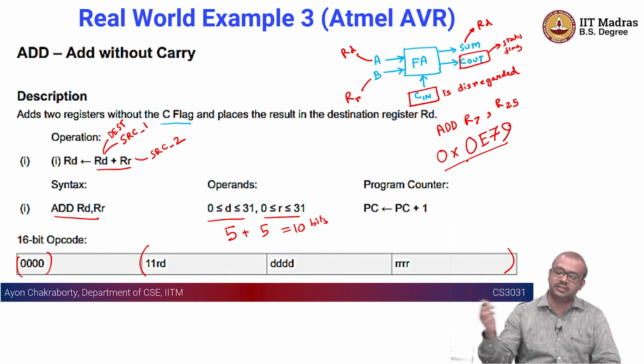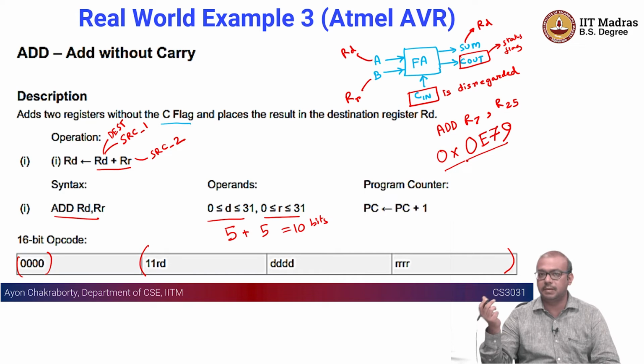It will fetch this 0E79 from the memory and load it in the instruction register, and the instruction register is going to pass it on to the control, as well as to something called the instruction decoder. We are going to look at that later. That instruction decoder will see that there is a 0 in the beginning, which means add, or it will see there is a 2 in the beginning, which means move, and based on that it is going to take specific actions.